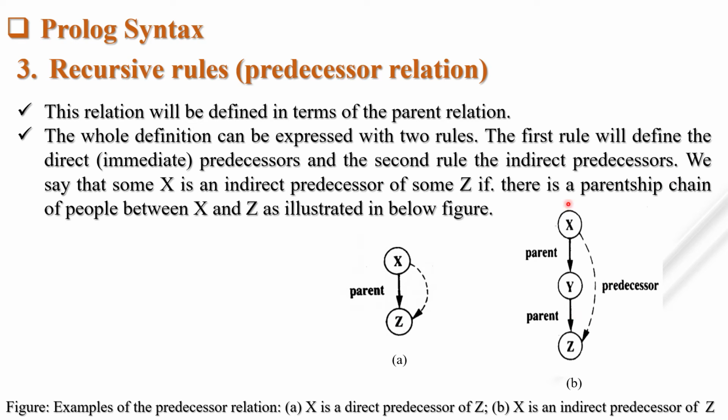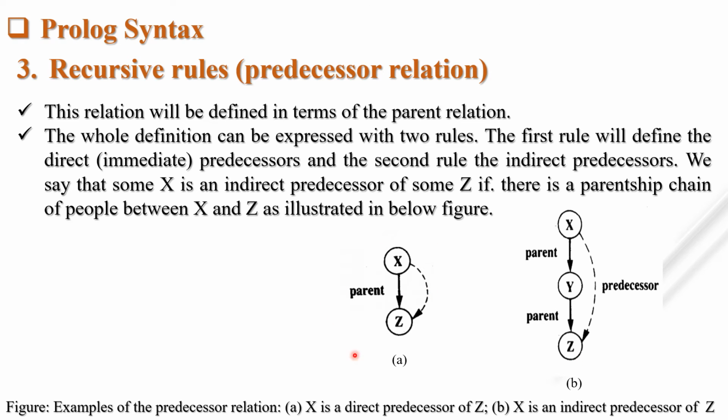We say some x is an indirect predecessor of z if there is a parentship chain of people between x and z. Here is a parentship chain: x is a parent of y and y is a parent of z. Then we can say x is a predecessor of z. Also x is a parent of z.